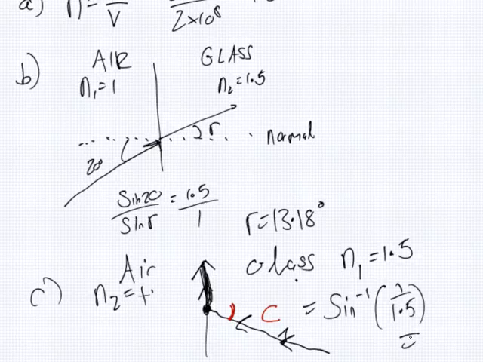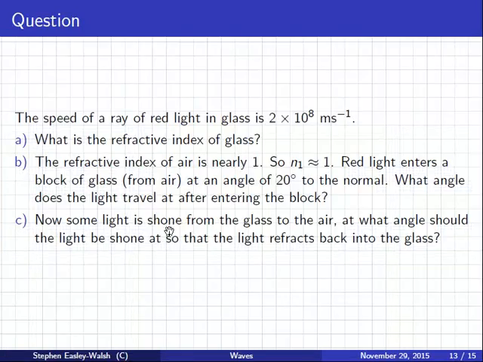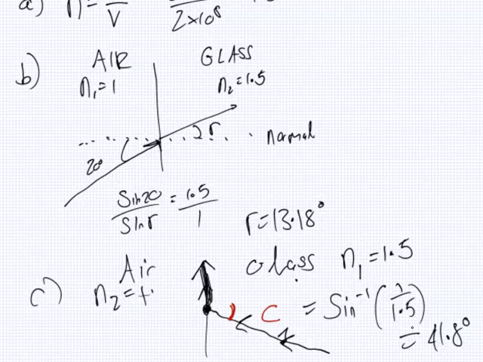How did you know it's critical? I'll show you now. I think in the question it says, some light is shone from glass to air. At what angle should the light be shone so the light refracts back into the glass? So actually, I suppose you should really say anything greater than this would do it. No, you can't have greater or less.